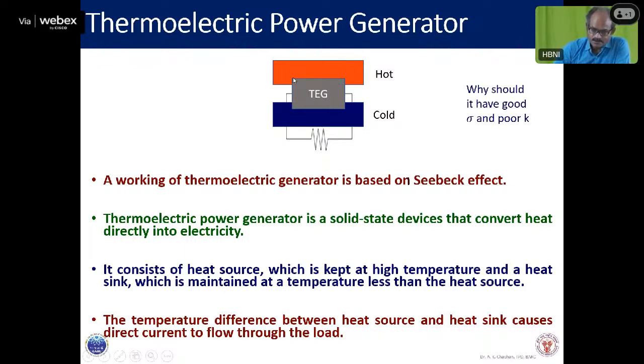Now, you see this TEG device, in order to have higher ZT value, it should have a good electrical conductivity. However, at the same time, it should have a low thermal conductivity. Why it should have a low thermal conductivity? Because if the conductivity is high, then after some time, what happens? This entire device will be at the same temperature, and it will be very difficult to maintain the temperature gradient.